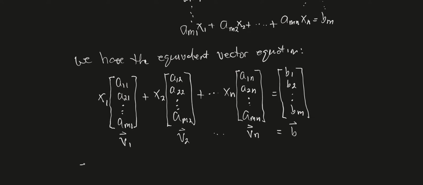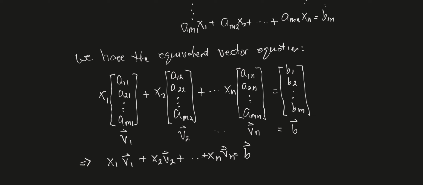So therefore, our system can be written as x1 times v1 plus x2 times v2 plus dot, dot, dot, xn times vn, and that's equal to the vector b.